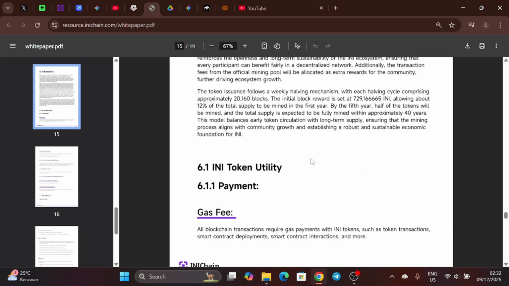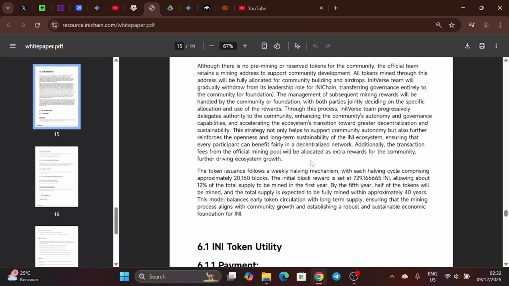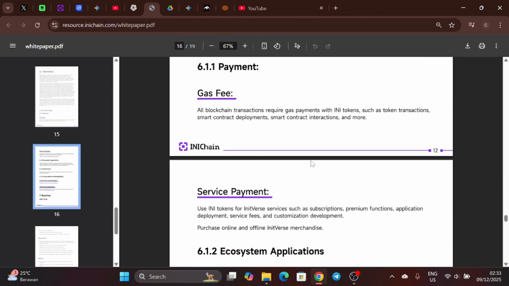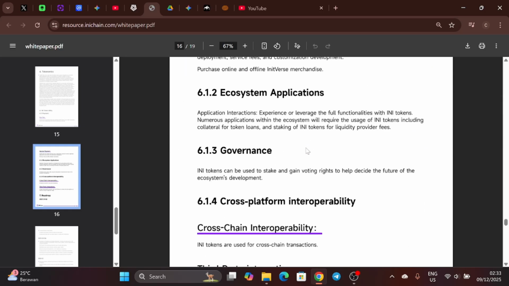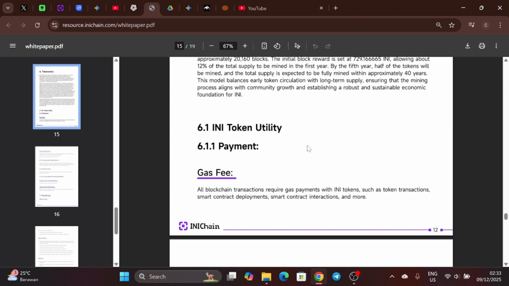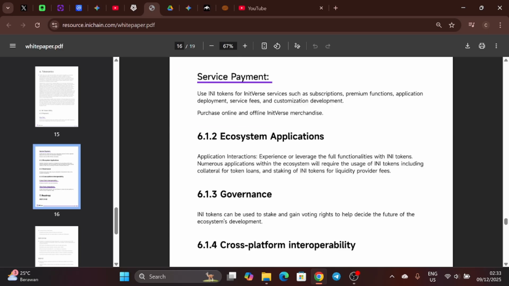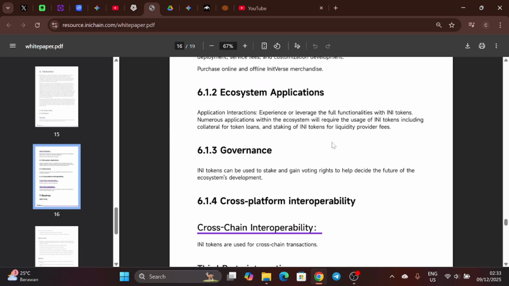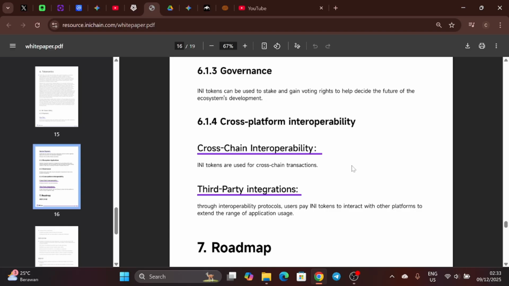So this is a core function of the INI token. So simply we can say it is used for gas fee, ecosystem application, governance, and also cross-platform interoperability, etc.